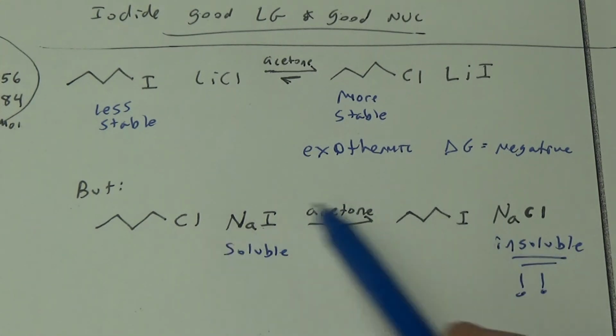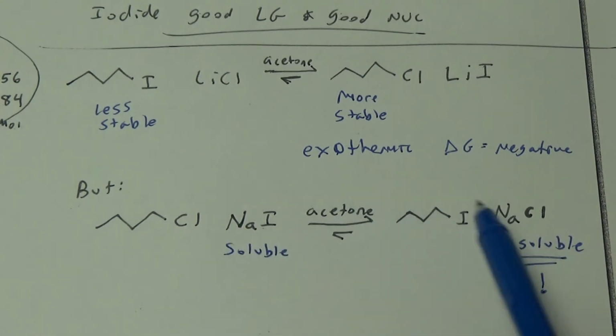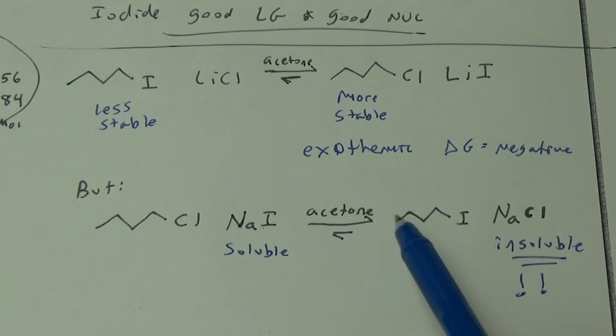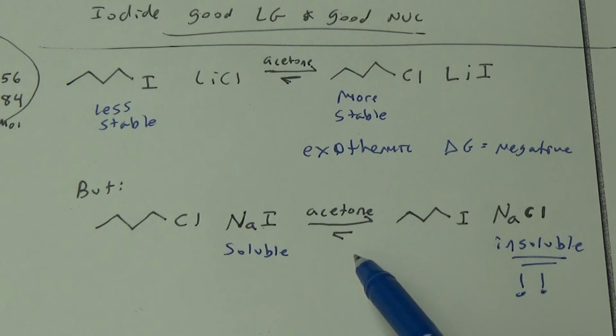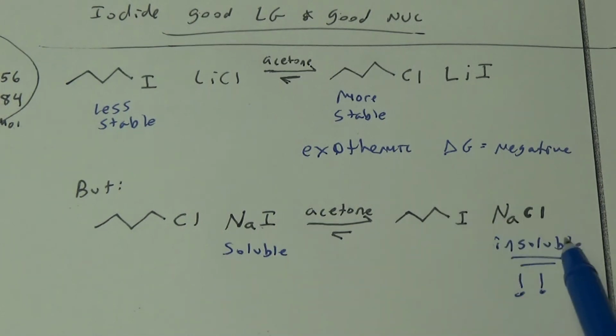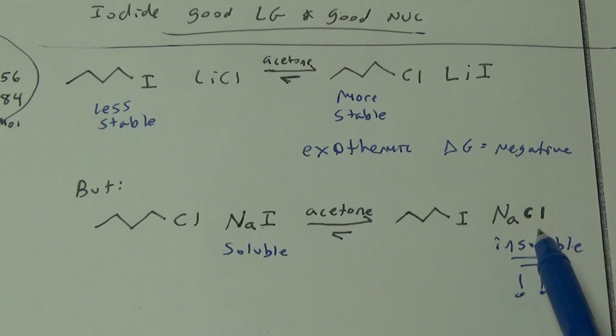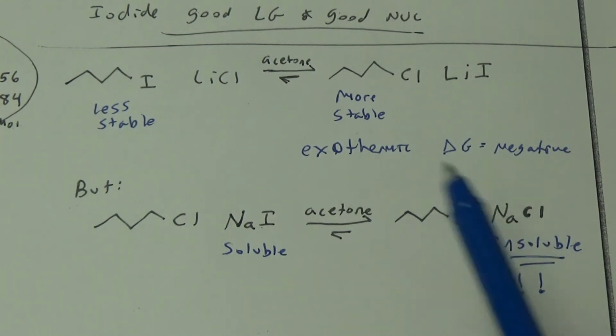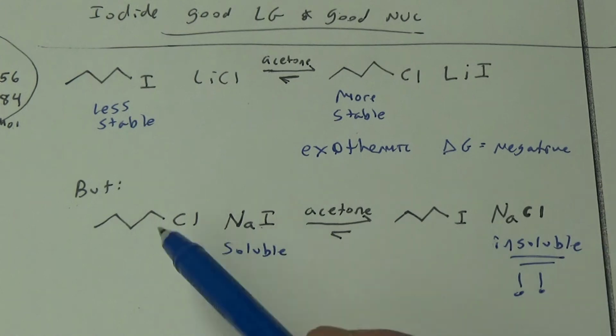If you do all the calculations, this will go to the right because there's more to an equilibrium than these two molecules. The differential solubility of this versus that is important. And also sodium chloride is a very, very stable thing. So even though this is less stable and this is more stable, the net effect is that it goes to the right.